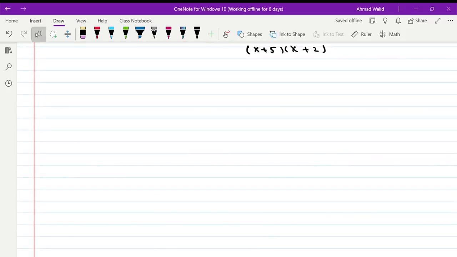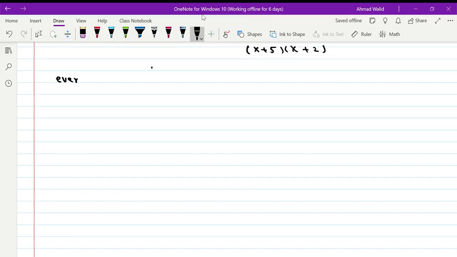If you have a rational expression, correct? Let me write it like this.